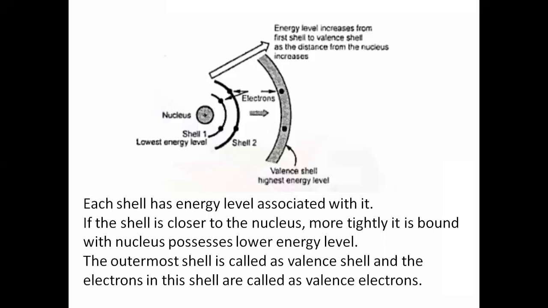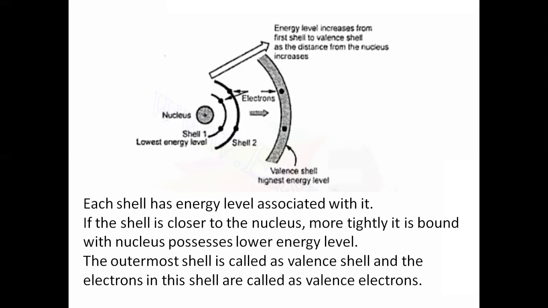Suppose we have to remove an electron from the outermost shell or outermost orbit. For that, we have to put in less energy, because the electrons in the valence shell are lightly coupled, or lightly bonded, with the nucleus. There is an attractive force between the electrons and the protons.